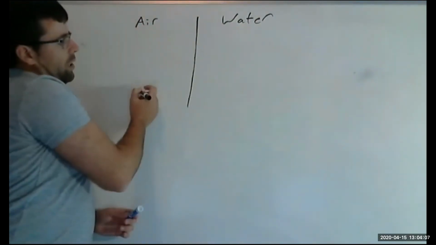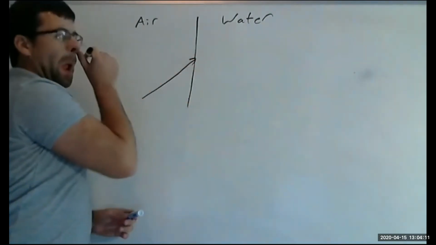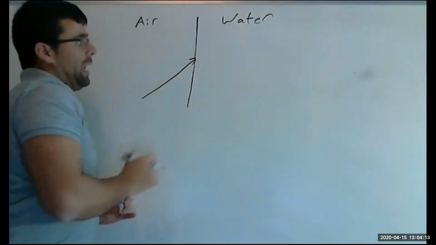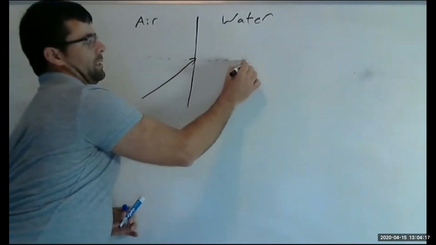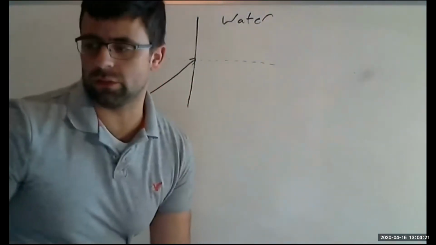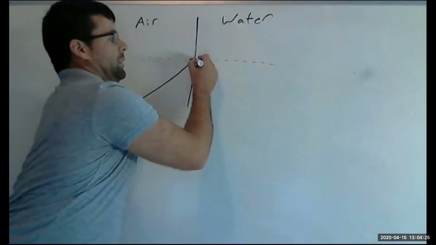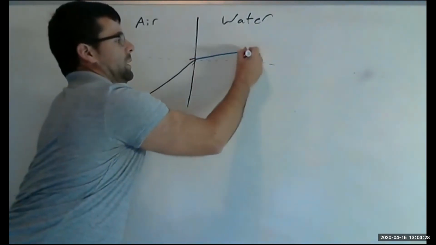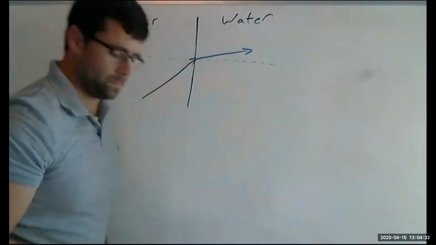So what causes light to bend as it goes through this? Reflection? No, it's not. Refraction is where it bends, but what causes it to bend?